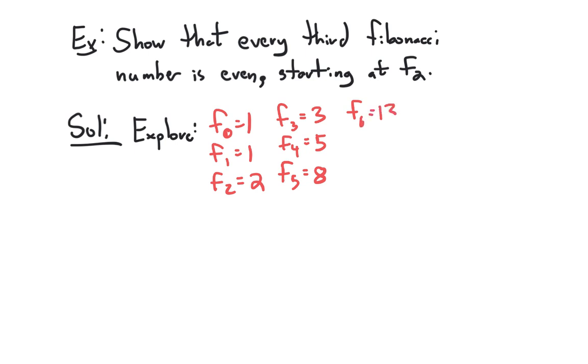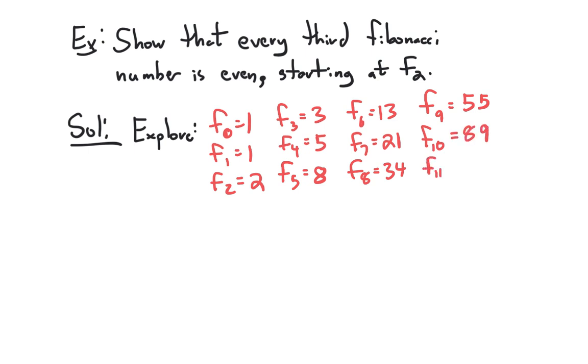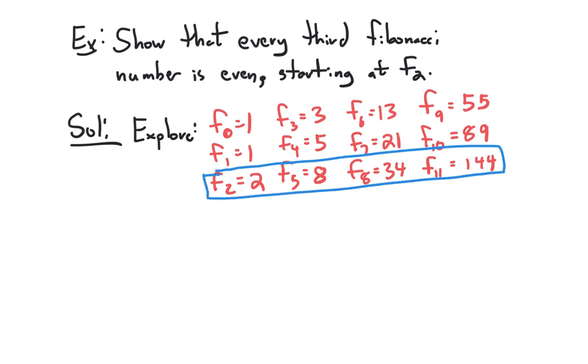F6 is 13, F7 is 21, F8 is 34, and maybe let's do 3 more. F9 is 55, F10 is 89, and F11 is 144. So you can see that indeed every third number is even, starting at F2.